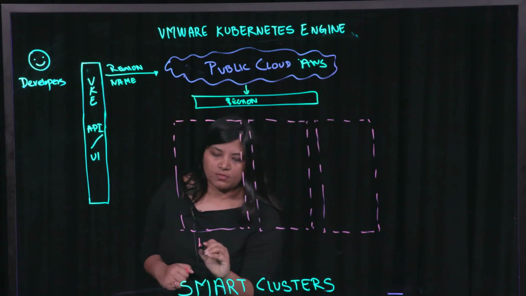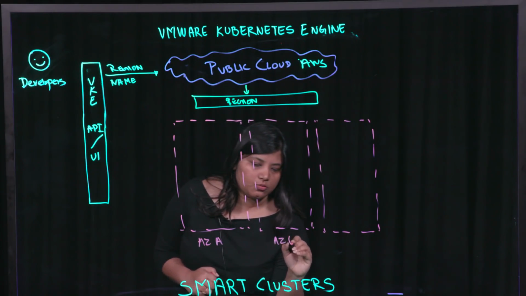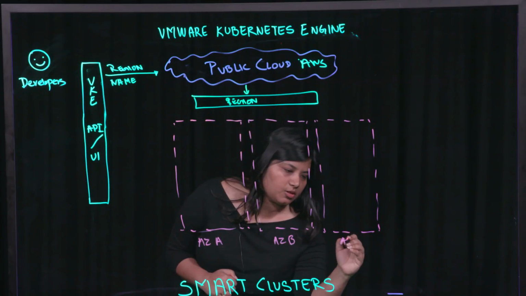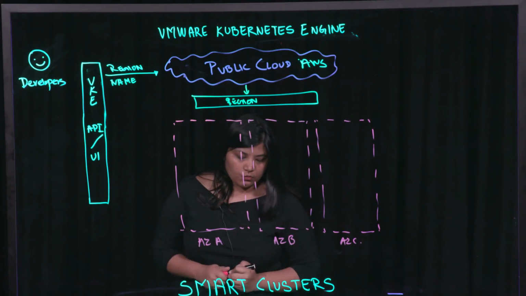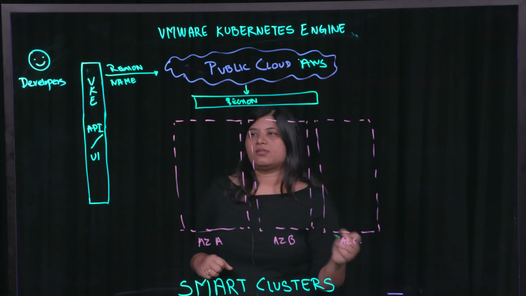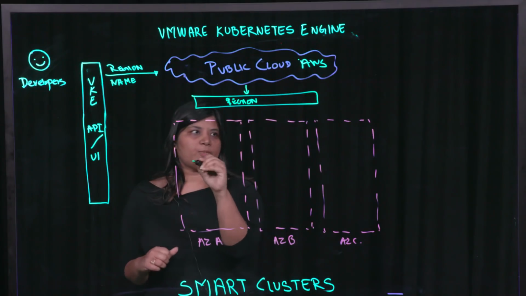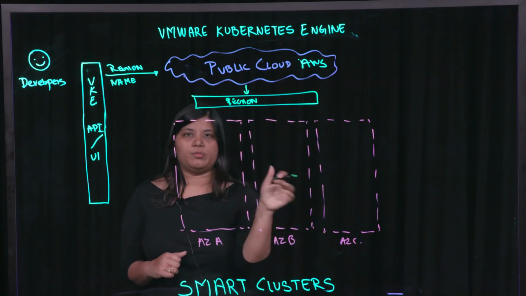This is availability zone A, this is availability zone B, and this is availability zone C. What VMware Kubernetes Engine will do at that point is start deploying master nodes, and it will place each master node into each availability zone.